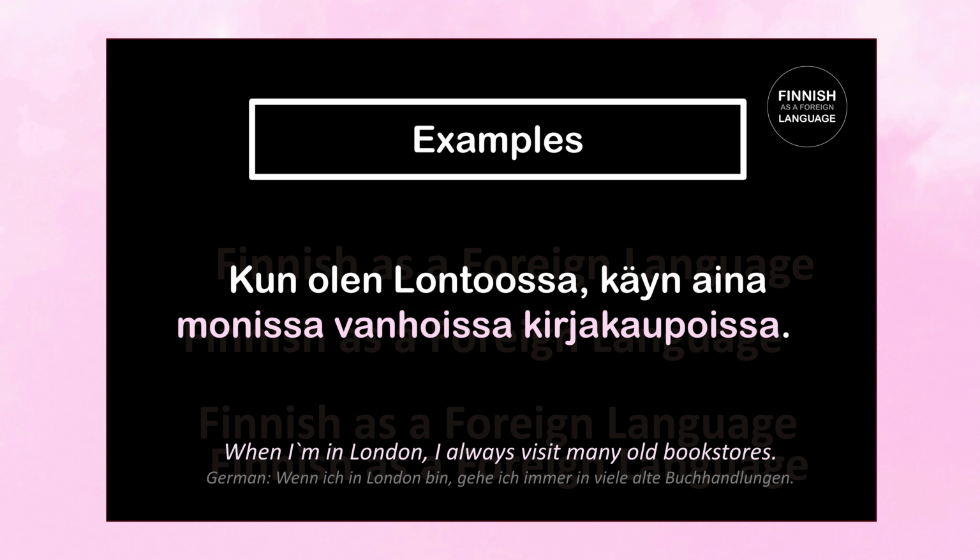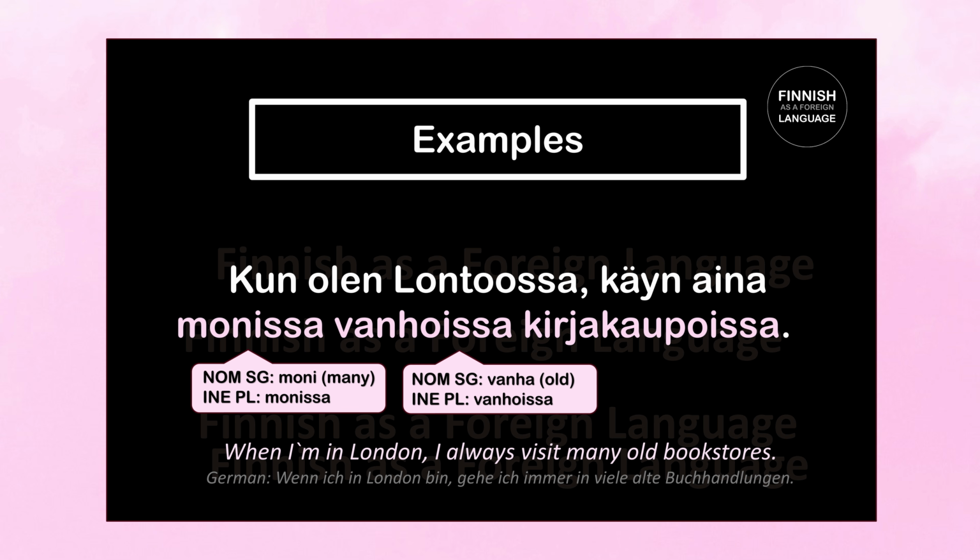Aina means always. Monissa is the inessive plural of moni, which means many. Vanhoissa is the inessive plural of vanha, which means old. And kirjakaupoissa is the inessive plural of kirjakauppa, which means bookstore. So let's repeat again. Kun olen Lontoossa, käyn aina monissa vanhoissa kirjakaupoissa. When I'm in London, I always visit many old bookstores.